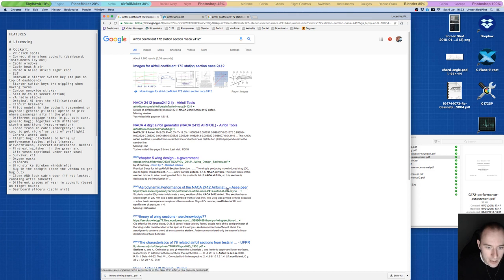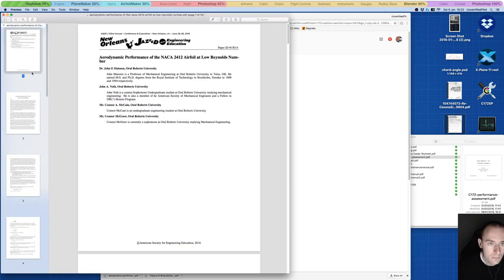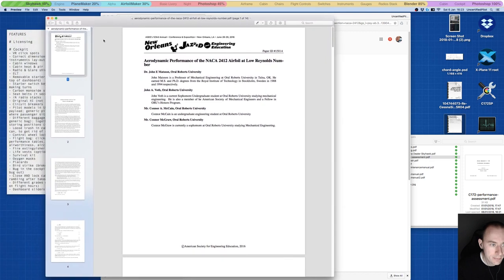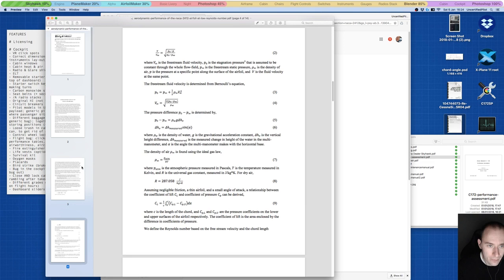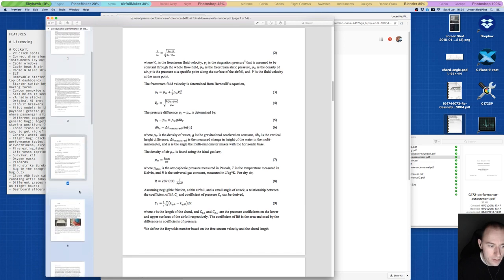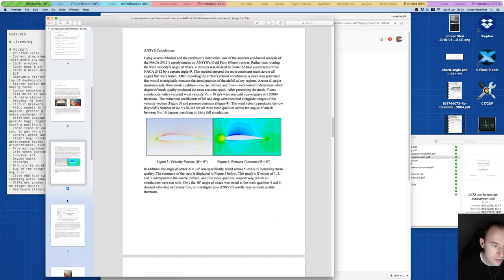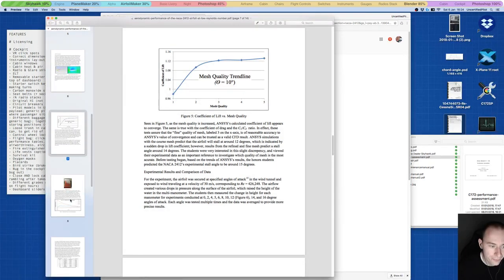Aerodynamic performance of the NACA. Bring it on. Sounds promising. Abstract. I just need tables. Perhaps I should also include that in my search.